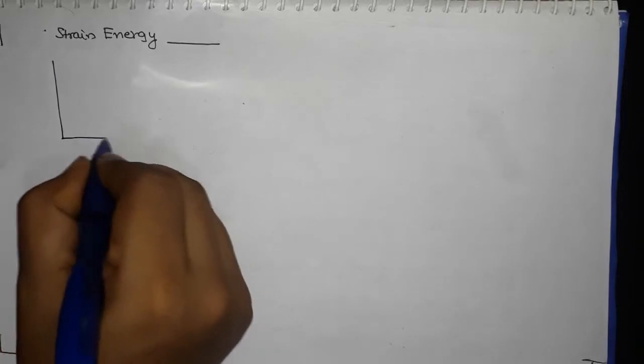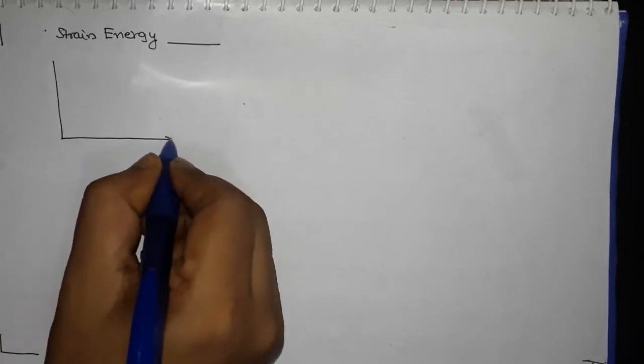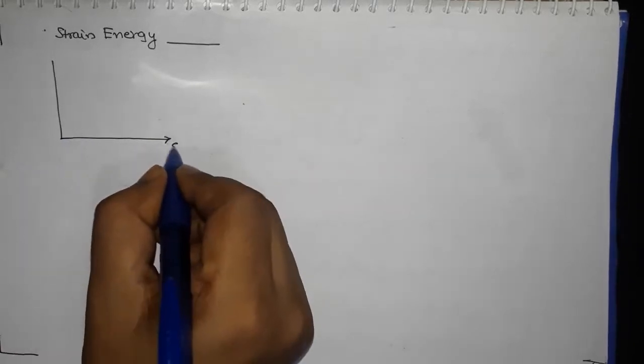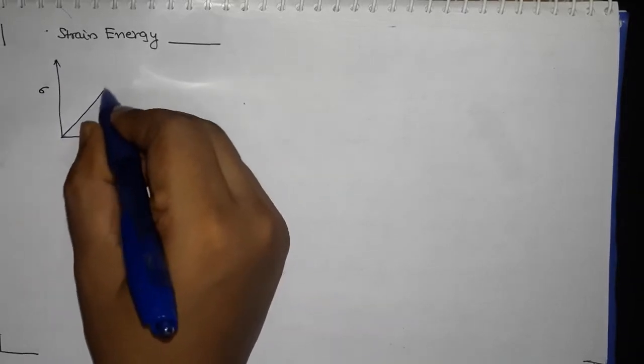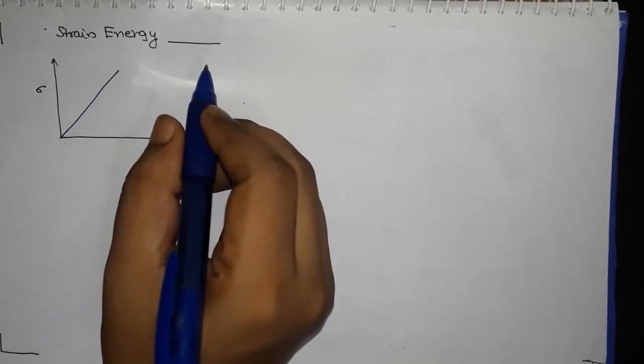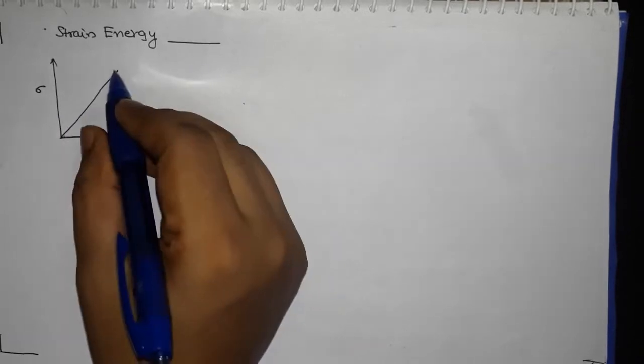What we said in our tutorial is that now imagine that my material is going to deform only elastically. So this is my strain and this is my stress axis, and it's a linear relationship, so it will look like this, right? And then at some point of time it will just break.